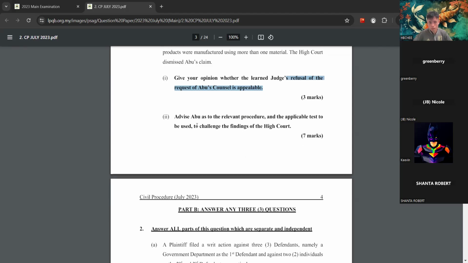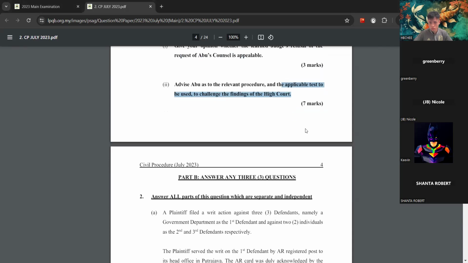Now, the second part, advise Abu through the relevant procedure and the applicable test to be used to challenge the findings of the court. This one I also have covered in my previous session. So does anyone have your answer?